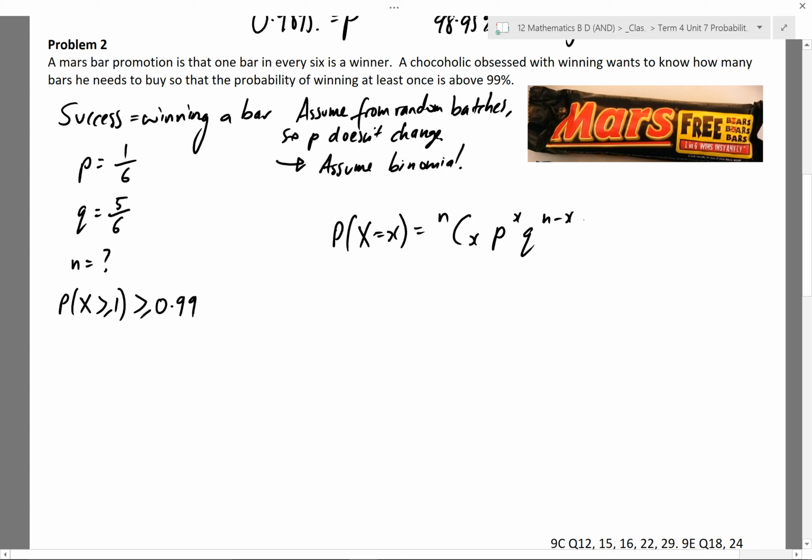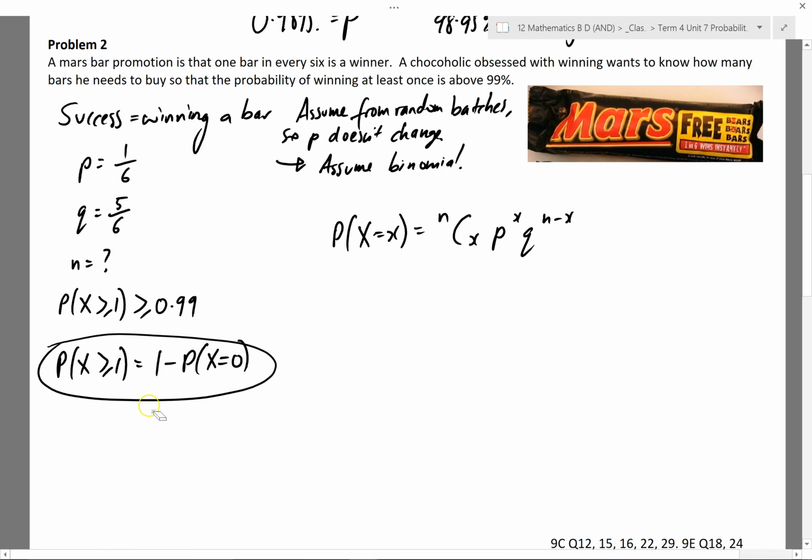Okay, so I'm interested in the probability of getting at least 1. So another way I can write probability of at least 1 is all the probabilities except getting nothing. Okay, so I'm going to try and solve essentially for this, with 0.99 on the left hand side.